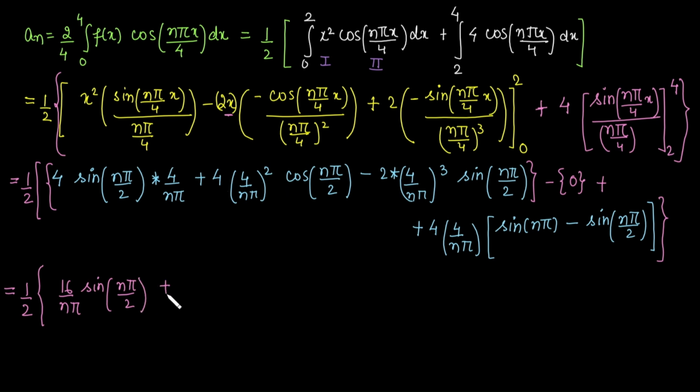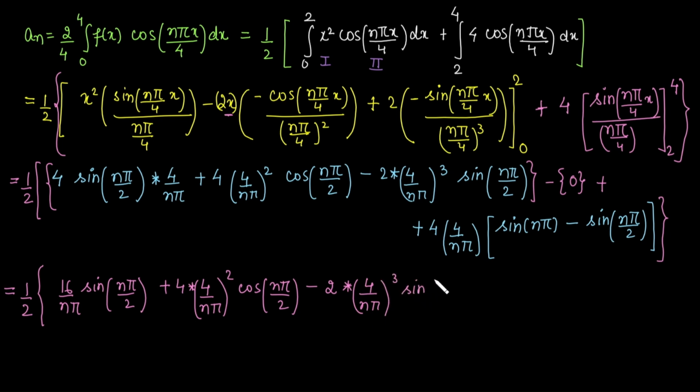Next term is 4 into 4 by n pi whole square cos of n pi by 2 minus 2 times of 4 by n pi cube sine of n pi by 2. This is a plus 16 by n pi.